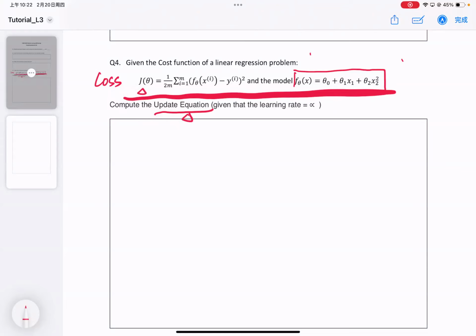And when we calculate the update equation, it means we need to calculate the gradient first, right? And how do we calculate the gradient? We need to calculate the partial derivative of the loss function.